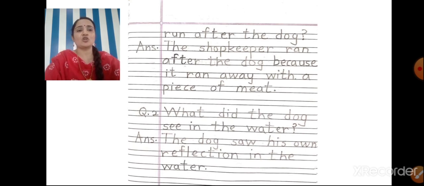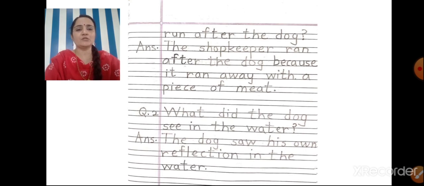The shopkeeper ran after the dog because, BECAUSE, because it ran away with a piece of meat, and give full stop. After each and every complete sentence you have to give full stop. Now leave one line and write question number 2.